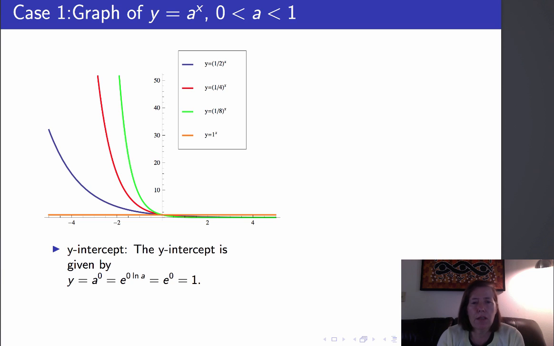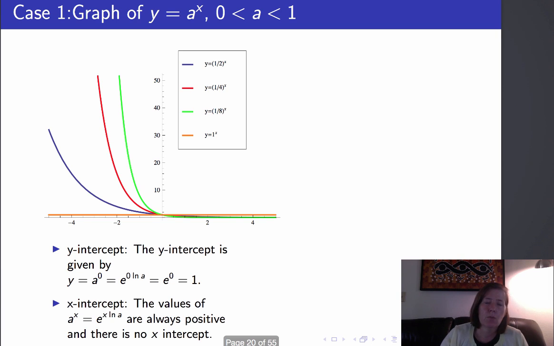Let's look at the y-intercept of y equals a to the x. This is where x equals 0, and we have the y value as a to the 0, which by definition is e to the 0 times the natural log of a, which is e to the 0, which is 1. What about the x-intercept?